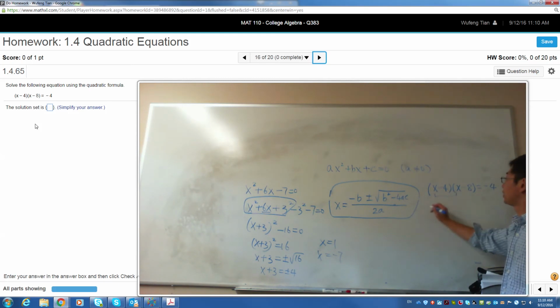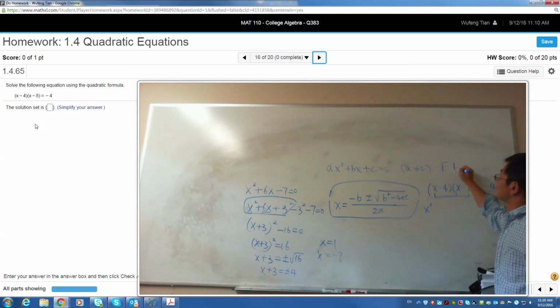FOIL it. First: x squared. Outside: minus 8x. Inside: minus 4x. Last: plus 32, and equals negative 4. Then I can shift the 4 to the left side. So it's x squared, minus 8x minus 4x is minus 12x, plus 32 plus 4 is 36.